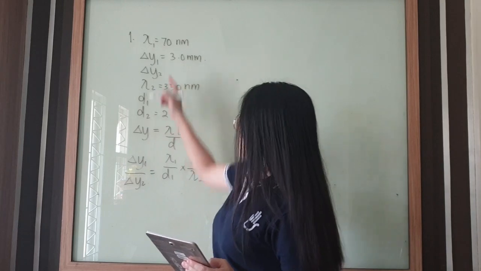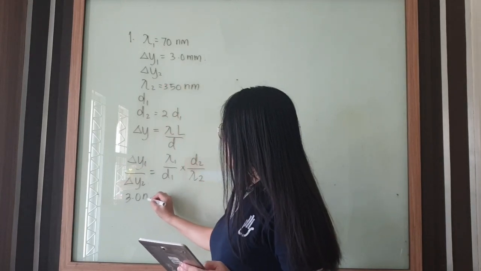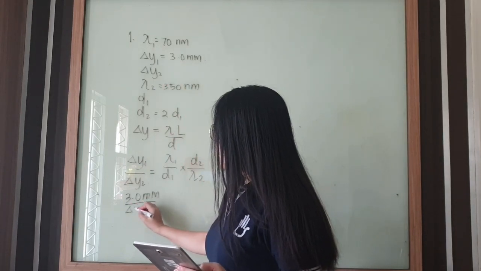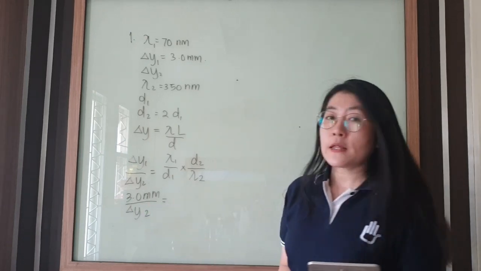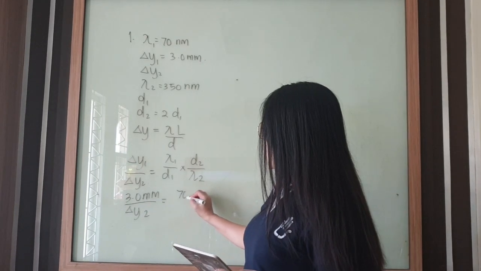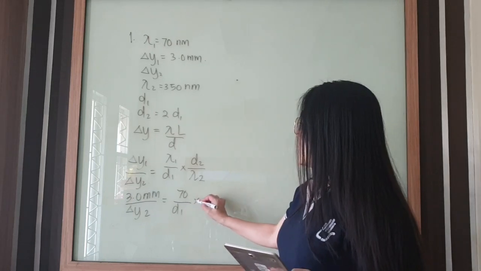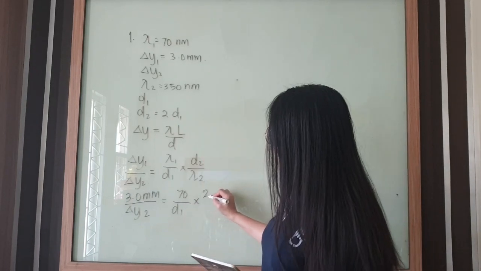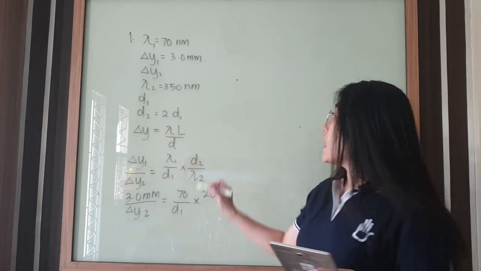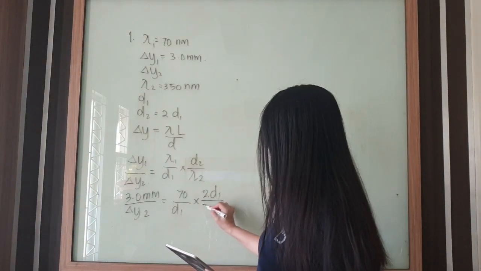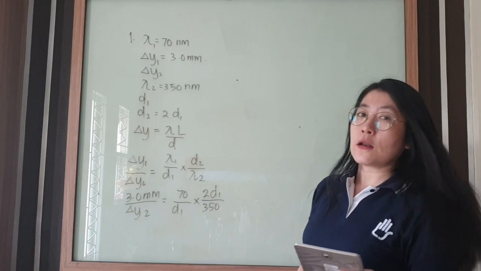This is 3 millimeters. Delta y2 is what we're going to calculate. Lambda 1 is 70 nanometers. d1, just let it be d1. d2 is twice d1. And lambda 2 is 350 nanometers.